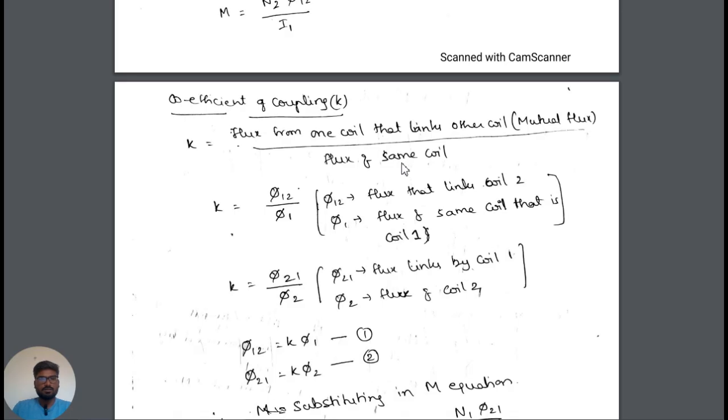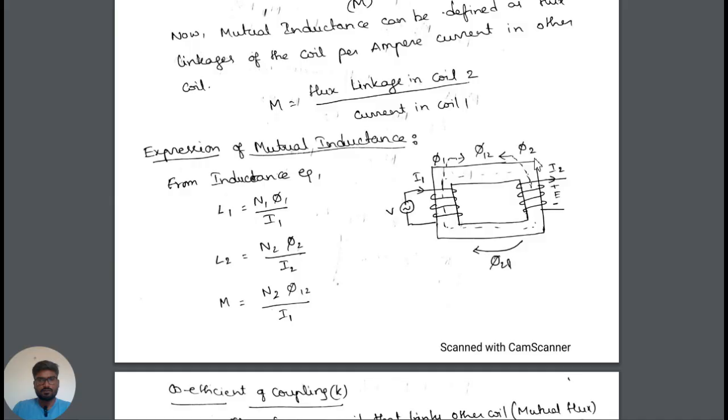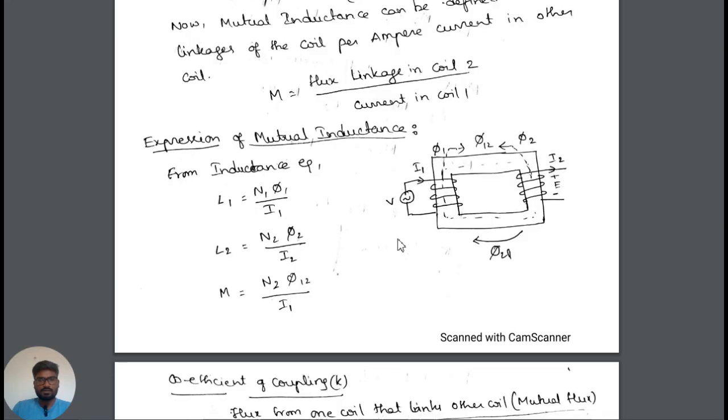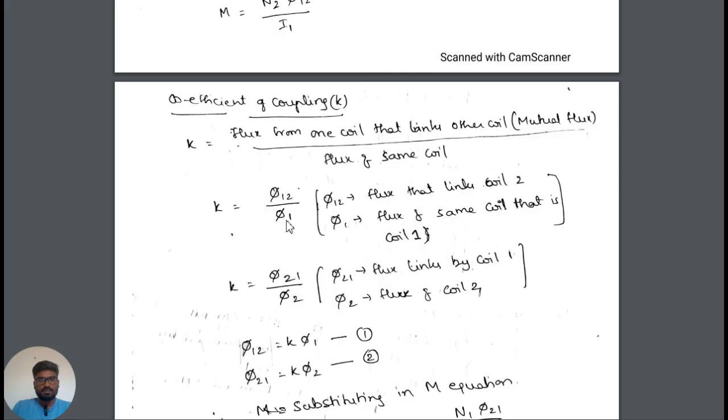The term that comes across in this topic is the coefficient of coupling, K. The coefficient of coupling is the flux from one coil that links the other coil divided by the flux of the same coil. You can see K is equal to phi12, that which links the other coil due to coil 1, divided by phi1.